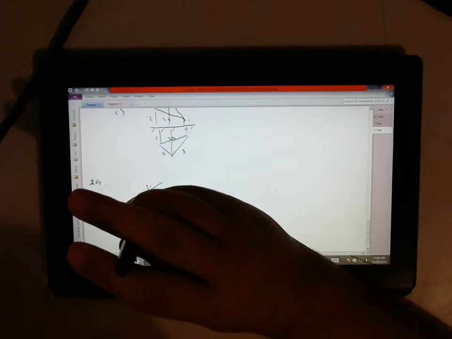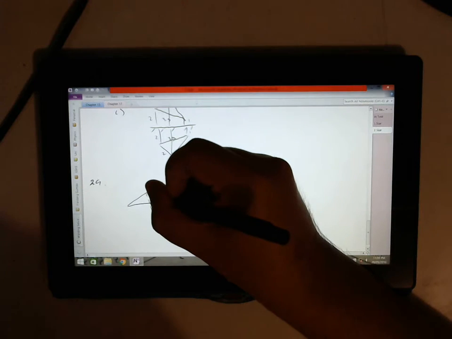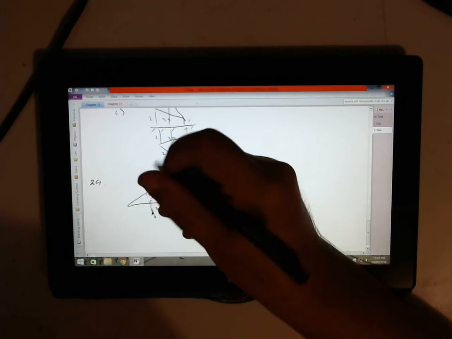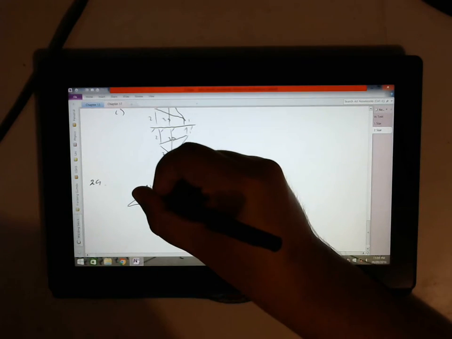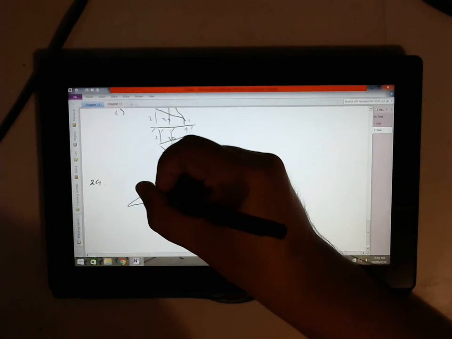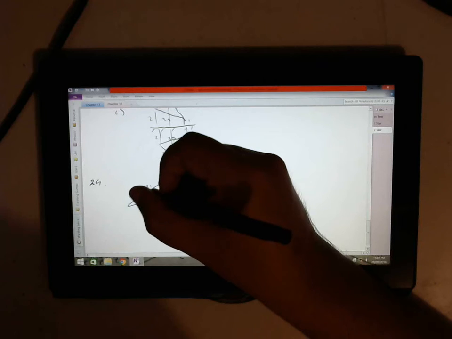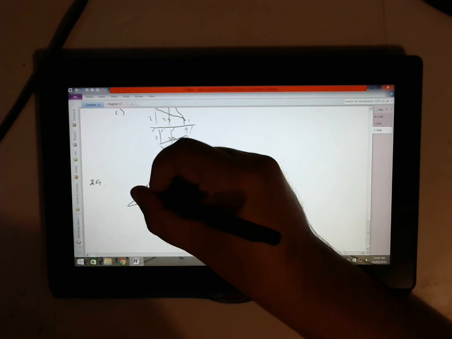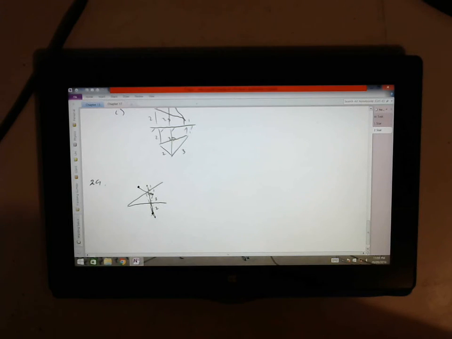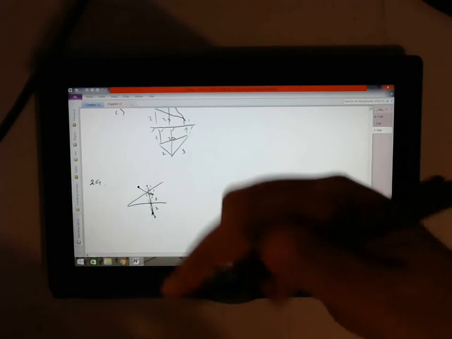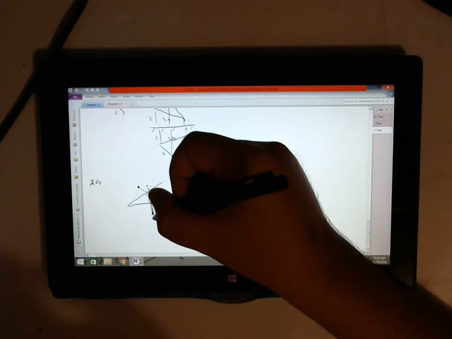Maybe not actually. Probably bounce maybe to about there, which means that this one would end up being roughly there-ish.